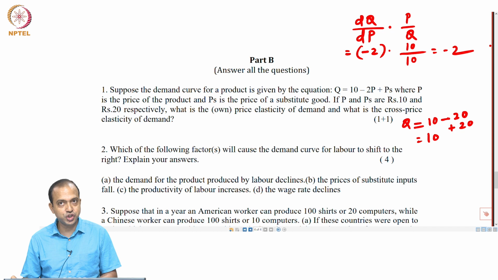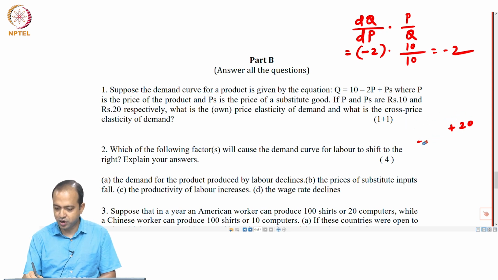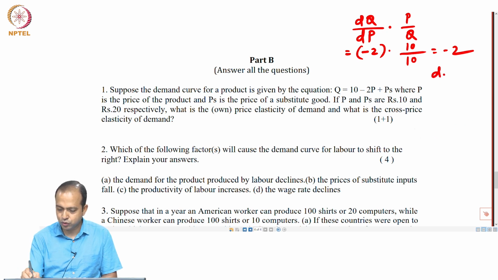Earlier I was differentiating the equation with respect to P, but now I need to differentiate with respect to PS. So, now dQ/dPS into P by Q.